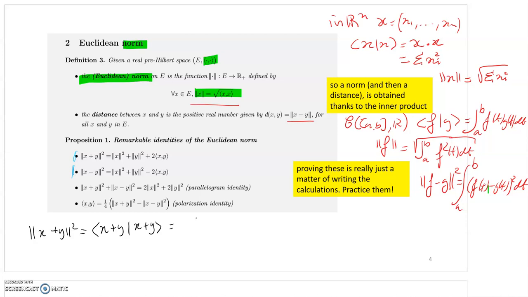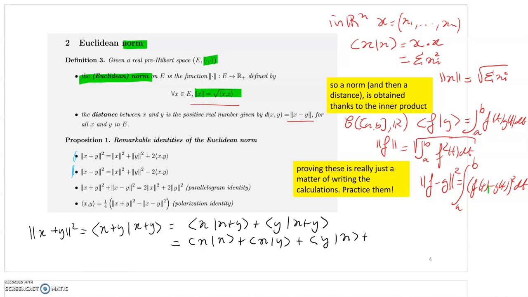So I'm using linearity: that's the inner product of x, plus the inner product of y, with x plus y. I have used here linearity with respect to the first input. Then I'm going to use linearity with respect to the second input. So that's going to be the inner product of x with x plus y, and for the second brackets, the inner product of y with x plus y.